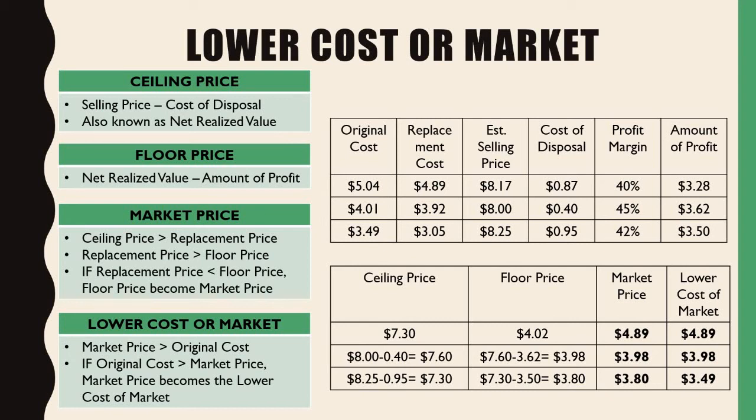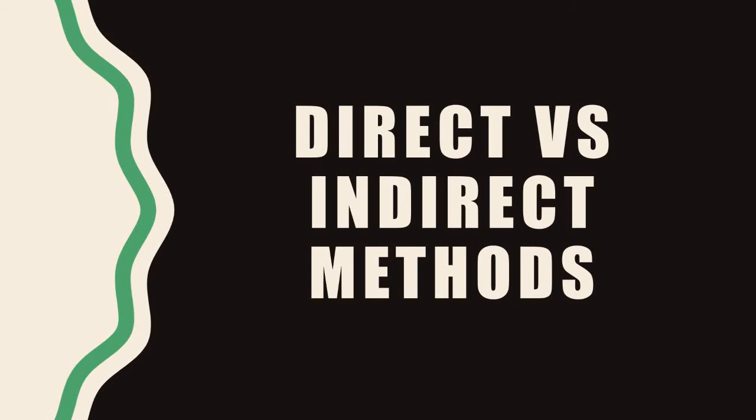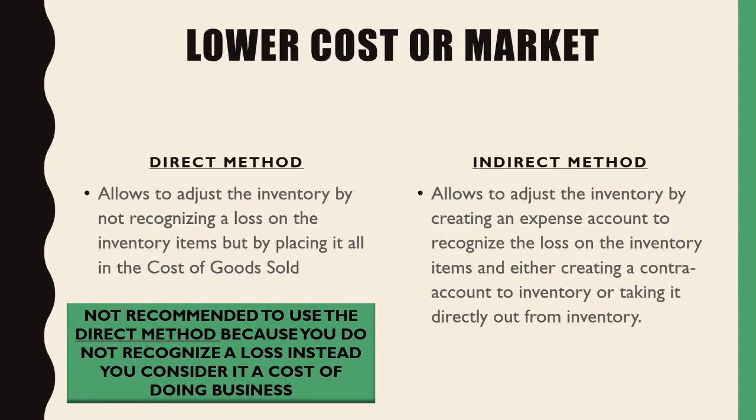So with that being said, this is what we're going to do when we journalize the losses. There are two different methods of journalizing our adjustment to inventory: the direct method and the indirect method.